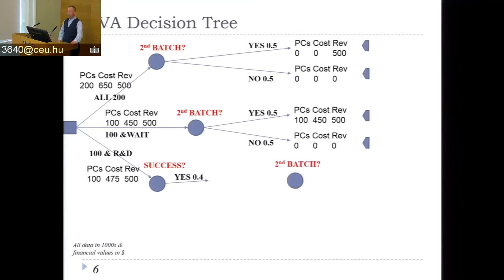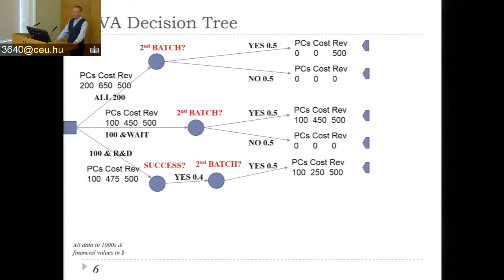So similarly to the previous cases, we have the second batch manufacturing question, and we have either yes, so they are calling us, and we are ever so happy because we are getting the order for the second set of printed circuits. In this case, similarly to the previous cases, we have 100,000 to manufacture, but because the R&D was successful, as the text says, the cost of the fixed setup per batch will be reduced by 200,000 to only 50,000.